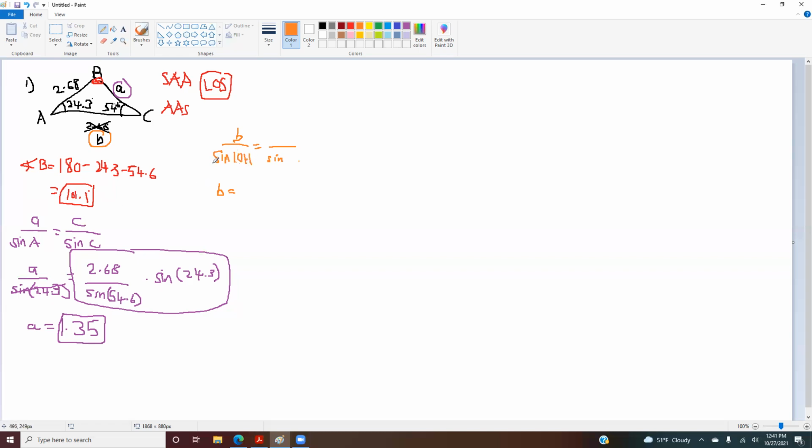This is angle B. C is the same thing, 2.68, side C's. And sine C in this case is the same thing, 54.6. Yep. Go ahead and again multiply this over there. And find B.